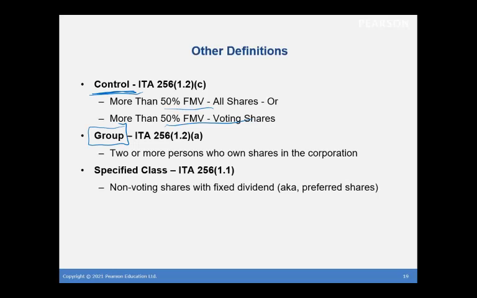A group is not a very high bar to reach. This is simply two or more persons who own shares in a corporation. So the percentage is not relevant. All you have to be is two or more people who own shares in the same corporation. That makes you a group.